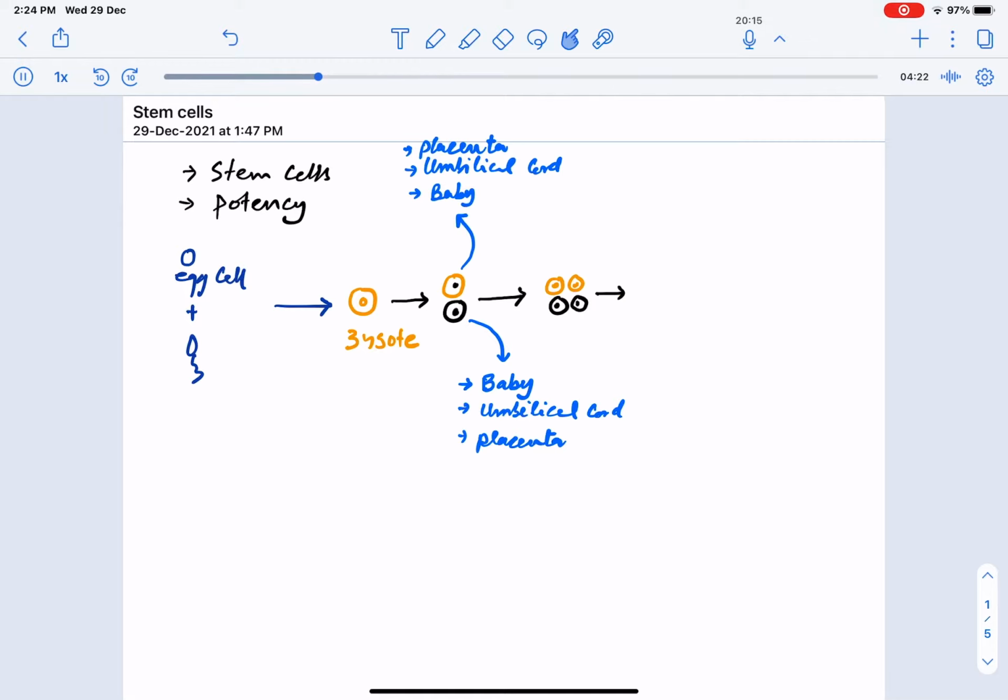After a group of 16-celled stage, if these cells are separated, they can make a human baby, however, they do not develop umbilical cord and placenta.